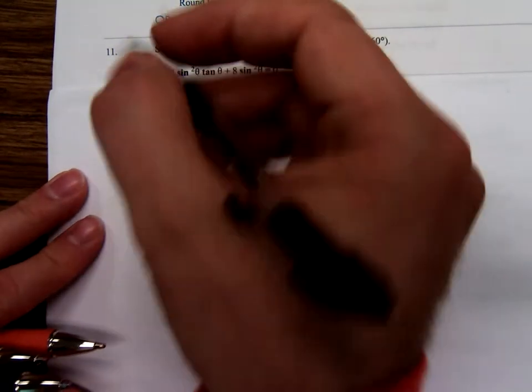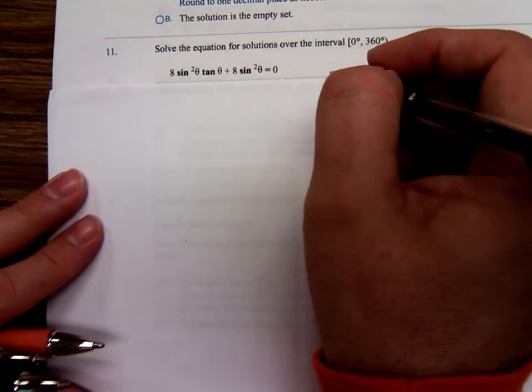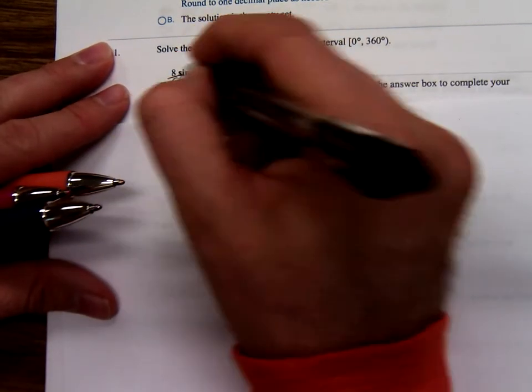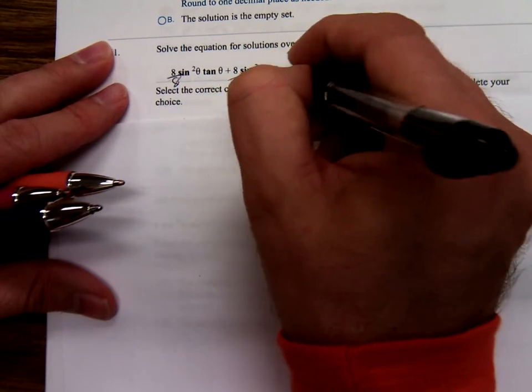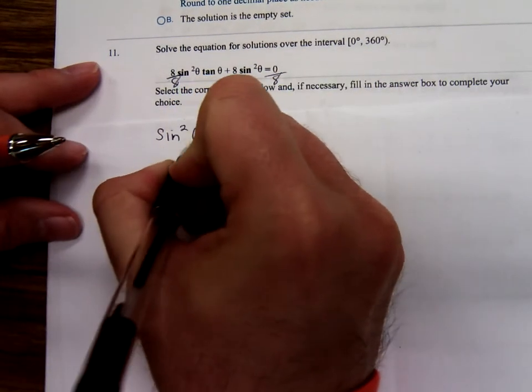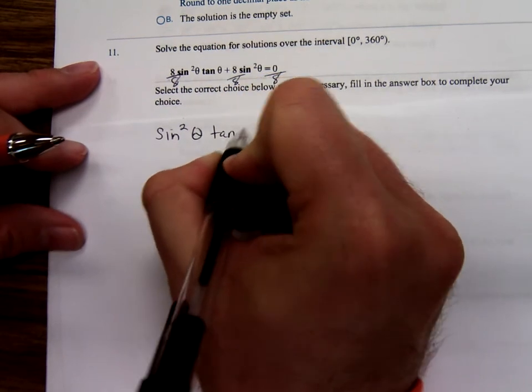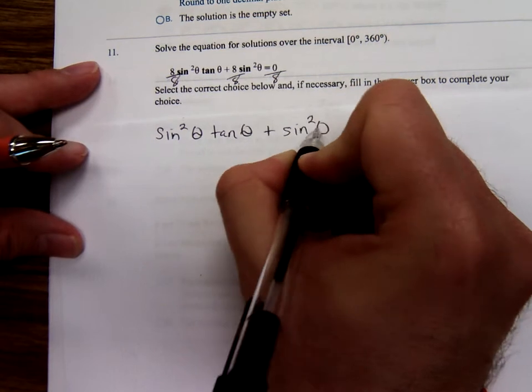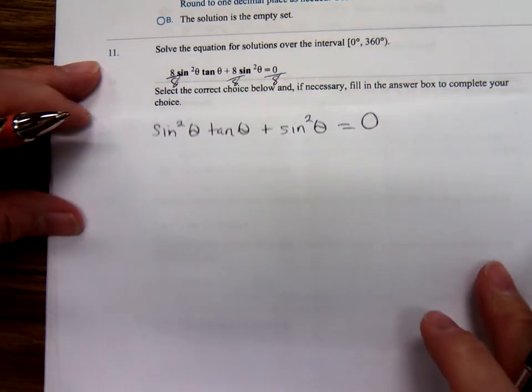Well, right off, I think I'm going to divide straight through by 8. That'll get rid of those 8s. So we have the equation sine squared theta tangent theta plus sine squared theta equals 0.